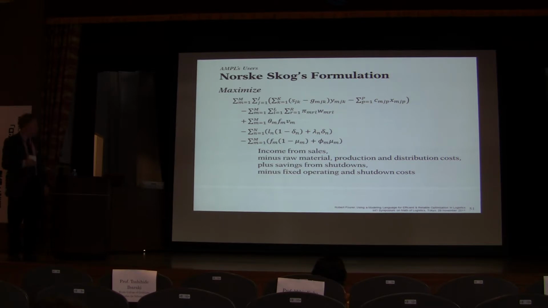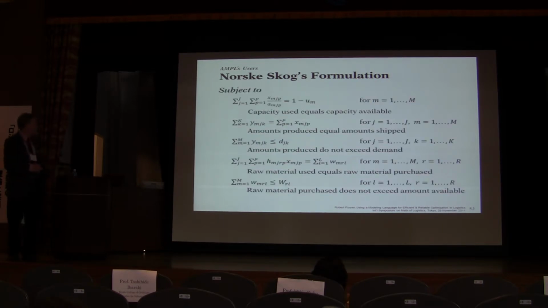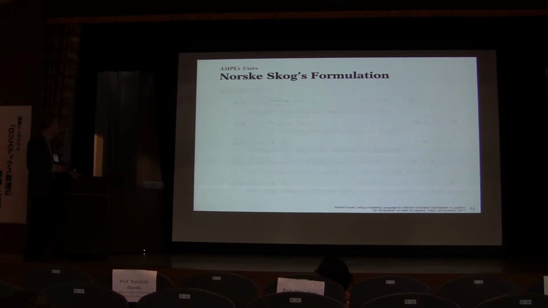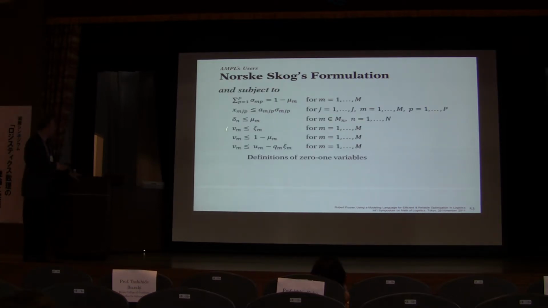Okay? And the same goes for the constraints. Okay? They had all these operational constraints. These are things like capacity constraints, production, shipment constraints, and raw material use constraints. Okay? So these are the kind of linear constraints you would expect in a production distribution model. But then, due to the shutdown decisions, there's another whole kind of constraint that appears in these, and that looks like this.